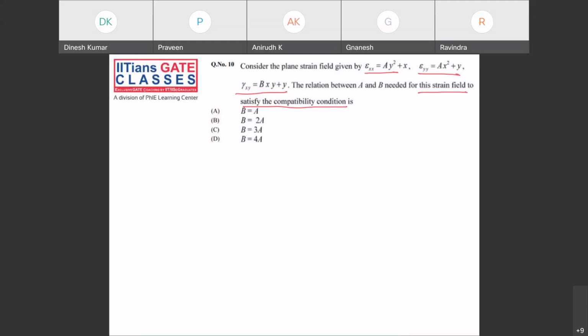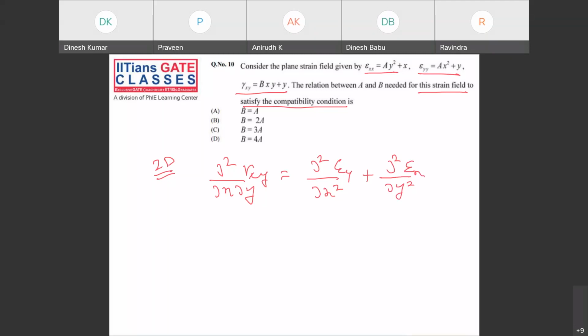So guys, in this question, we know a plane strain problem is a 2D problem, and for a 2D problem we have only one compatibility equation. That equation is dou square by dou x dou y of gamma xy equal to dou square by dou x square of epsilon y plus dou square by dou y square of epsilon x.